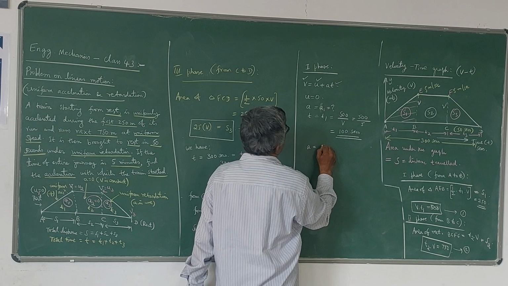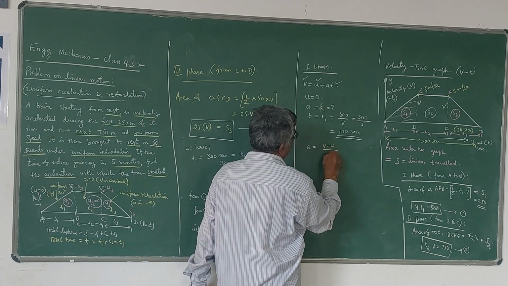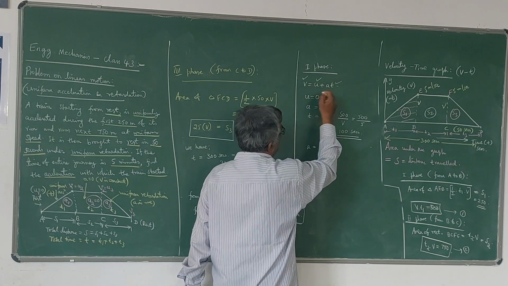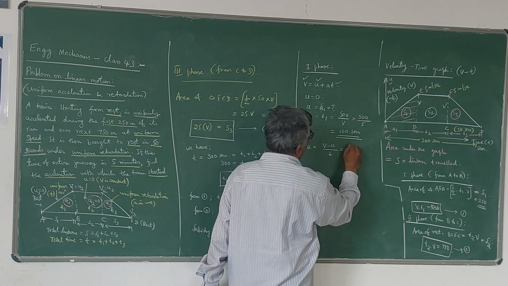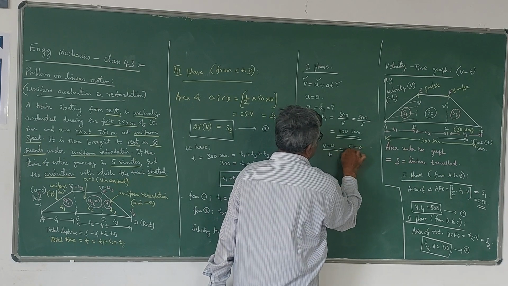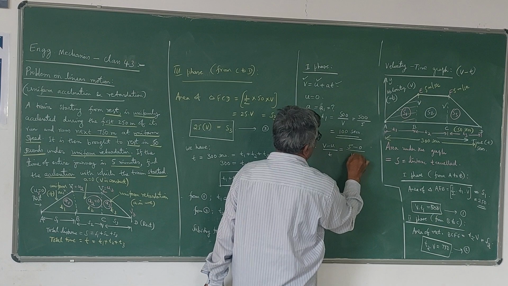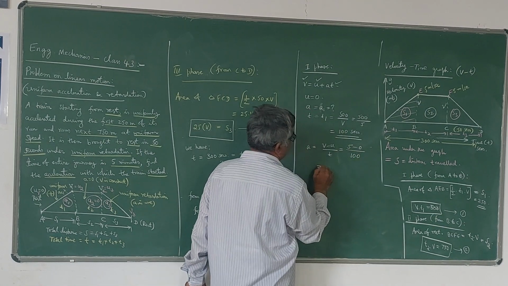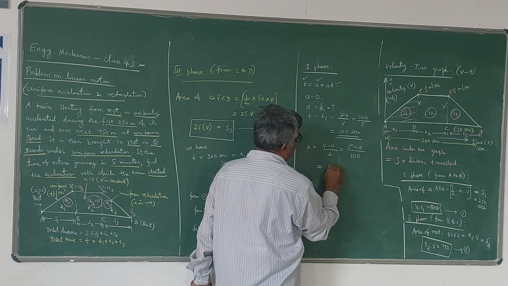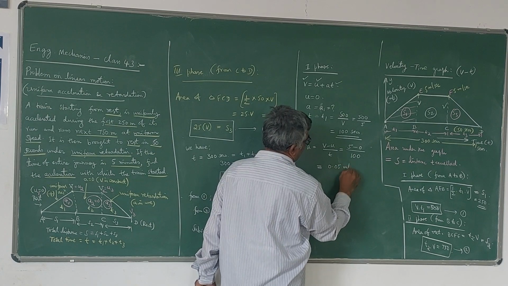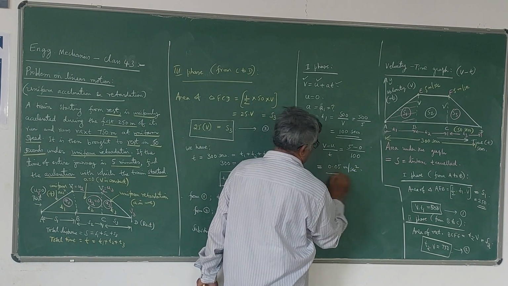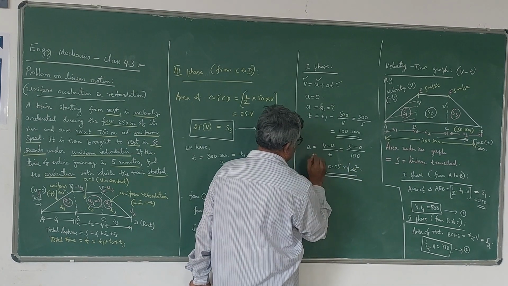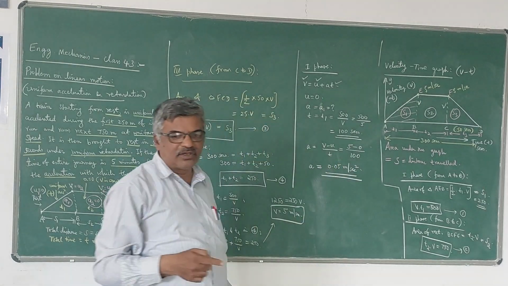A is v minus u divided by t. So from this equation, v is 5 meters per second minus u is 0 divided by time is 100. Therefore, 5 divided by 100, 0.05 meter per second square. So this is the acceleration with which the train has started.